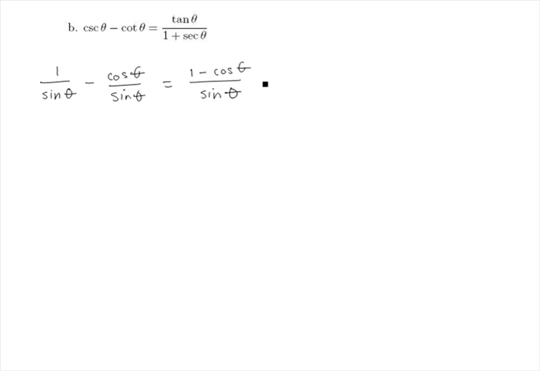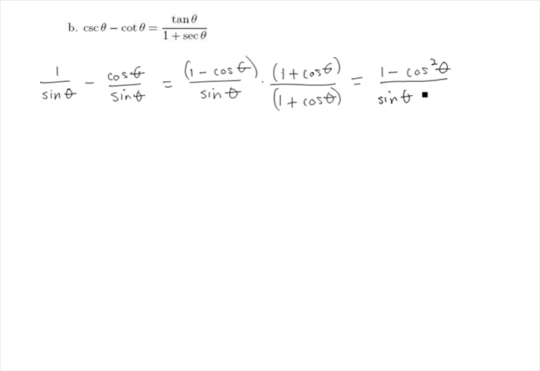So if we take this and multiply by 1 plus cosine theta in the numerator and in the denominator, the top becomes a perfect square, so 1 minus cosine squared theta. The bottom is sine theta times 1 plus cosine theta.